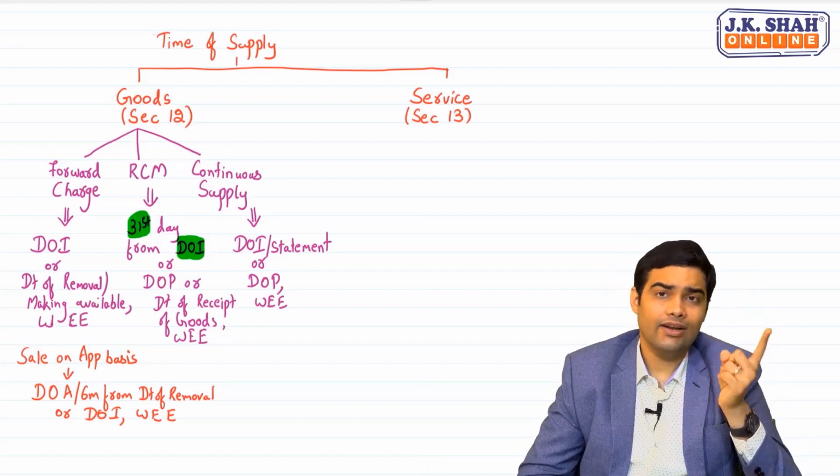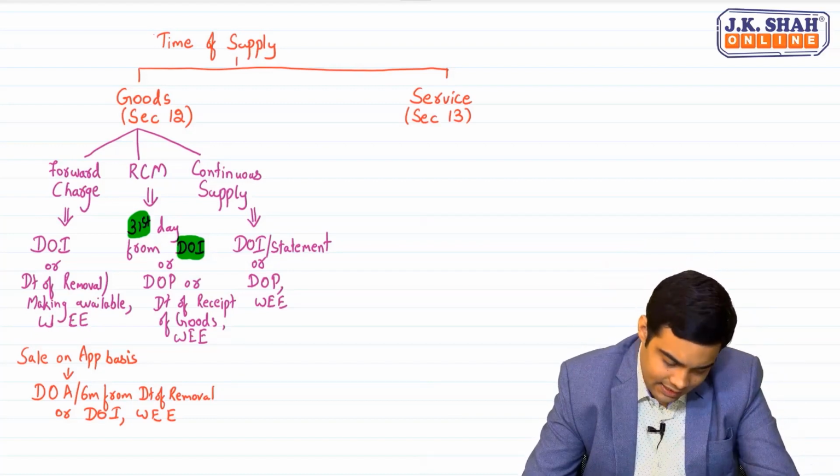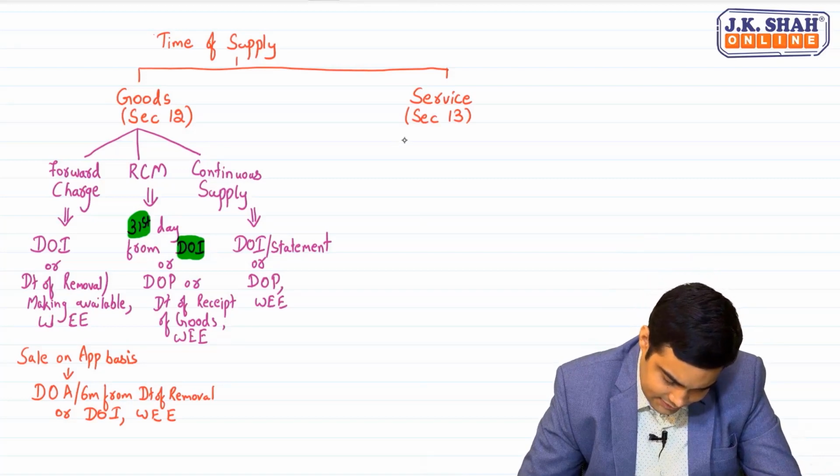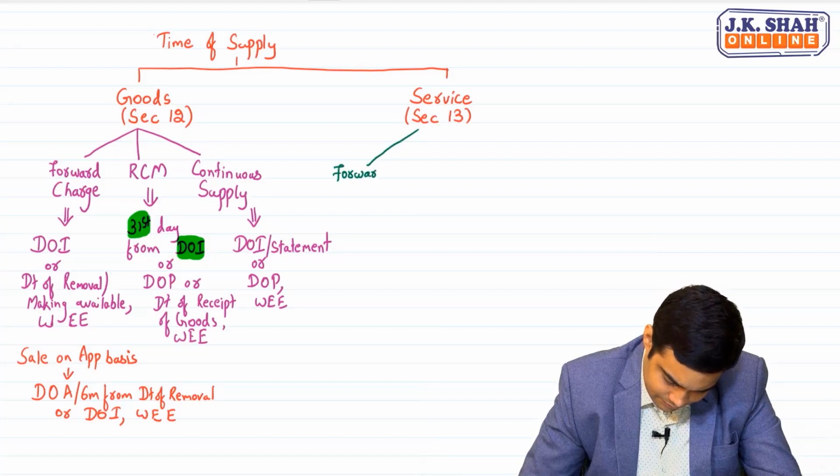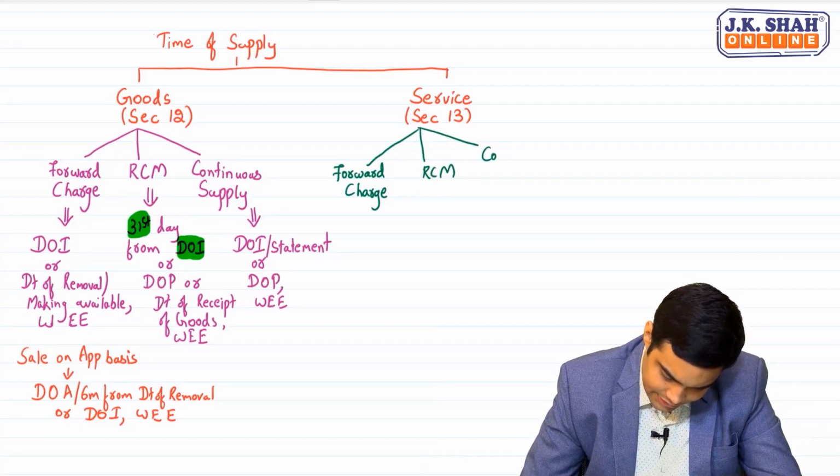Okay. When we come to service industry, again, there could be instances of forward charge, reverse charge, and the last one is continuous supply.